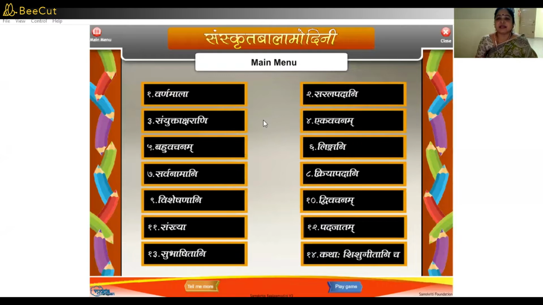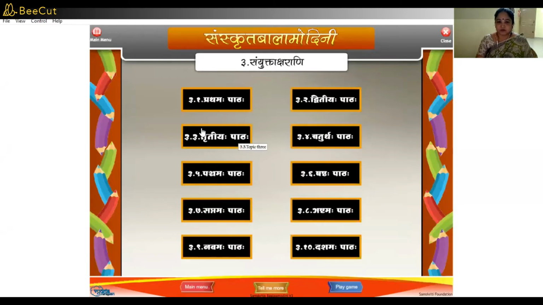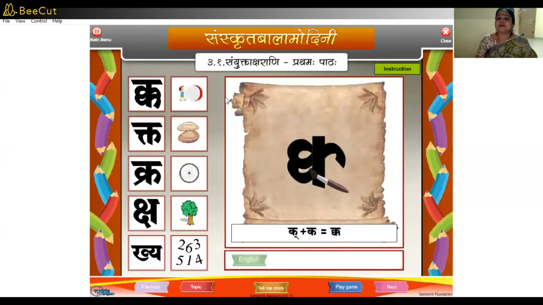We have been learning words for the Vyanjana letters. Today we will be learning Samyuktaksharani. That is writing two or three letters, two or more letters together.